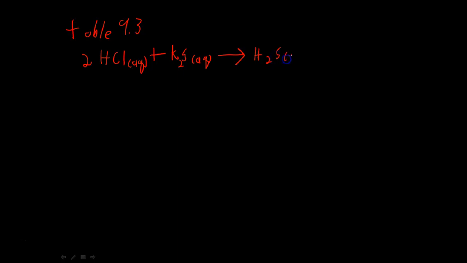H2S, gas, plus 2KCl, aqueous. So when we mix these two things together, this one is called hydrochloric acid, and this one is something else. I'm not going to name it yet because I want you to look up sodium bicarbonate.